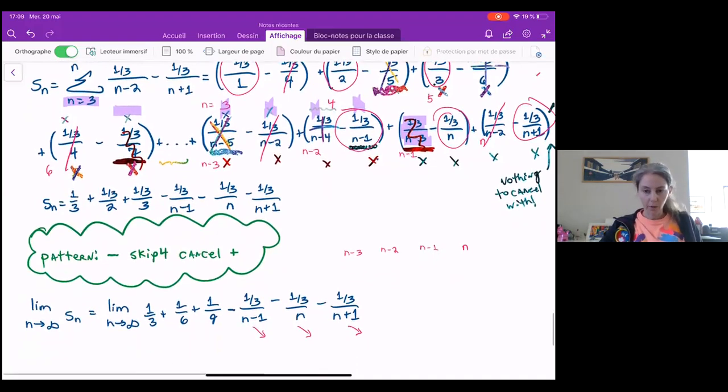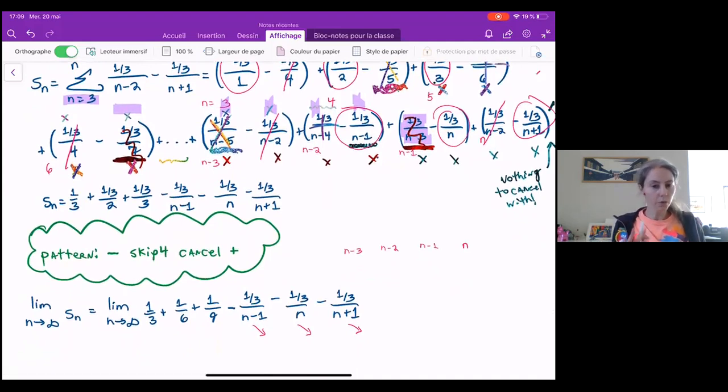Okay, so if we need to, we'll talk about this a little bit more, but let's finish the problem first. What are these 3 things going to? 1/3 over n minus 1, 1/3 over n, 1/3 over n plus 1. As n goes to infinity, what are they going to?